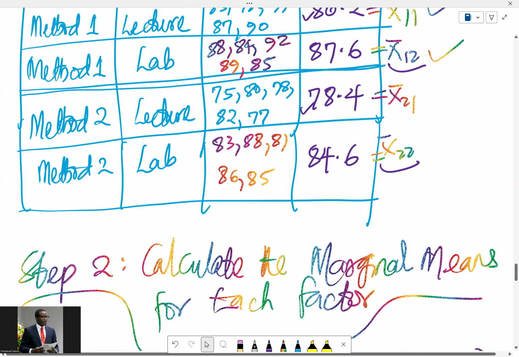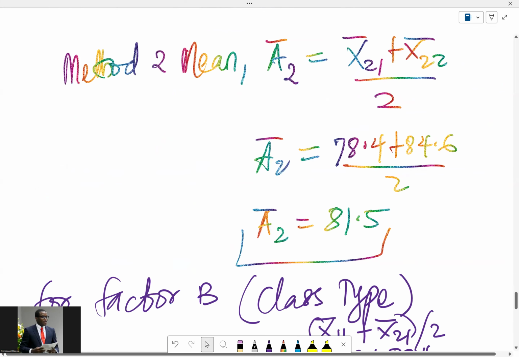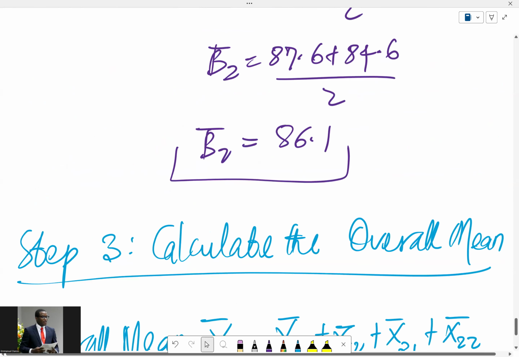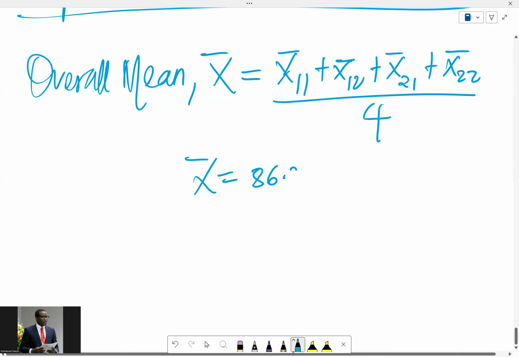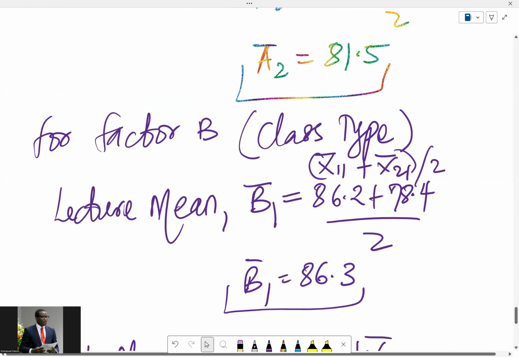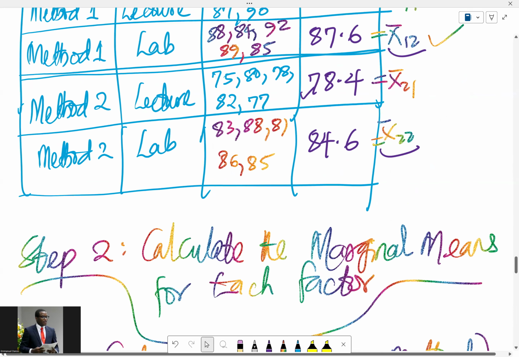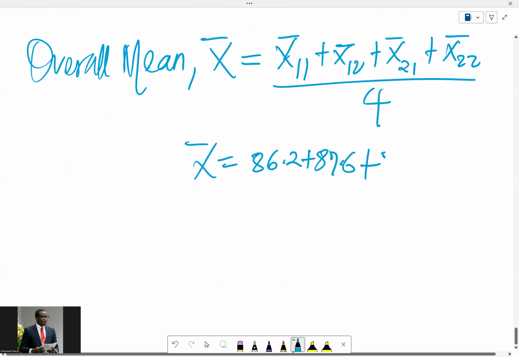So that will be 86.2 plus 87.6 plus 78.4 plus 84.6, divided by 4.